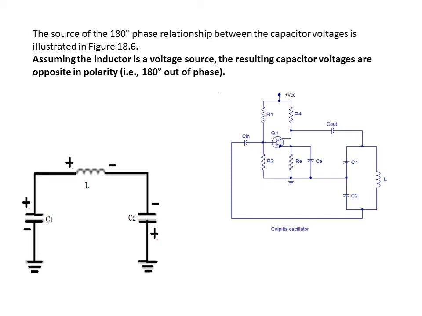What I have drawn on the left side, like a pi diagram, is the tank circuit in the Colpitts oscillator. So it is more clear here the way in which the voltage is developed across C1 and C2.